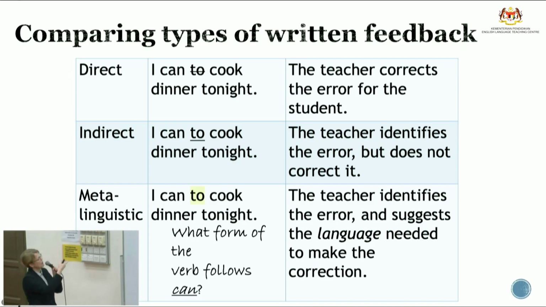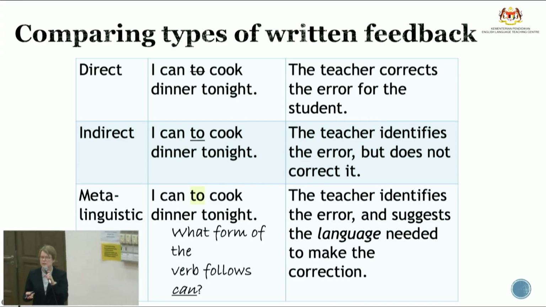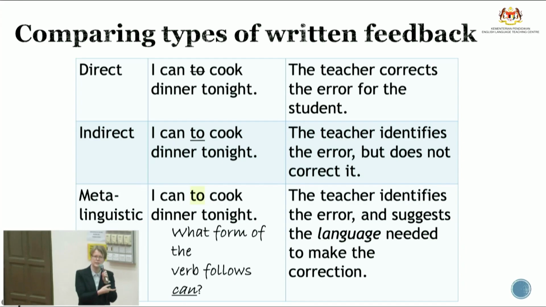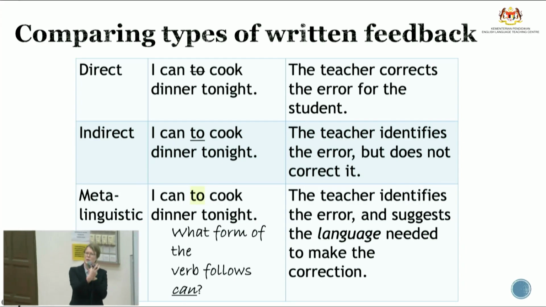Okay, indirect is just indicating that there is an error. So maybe you circle the word that's incorrect, but you don't give any information about what the error is or what type of error it is. If you know the student knows the rule and you can just indicate that there's an error there, that could be effective.